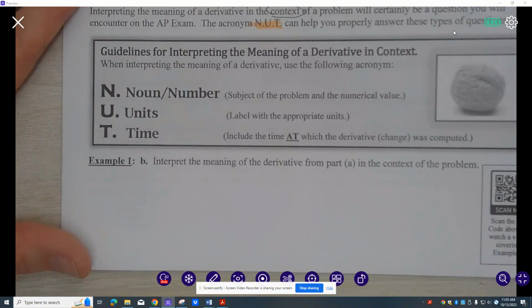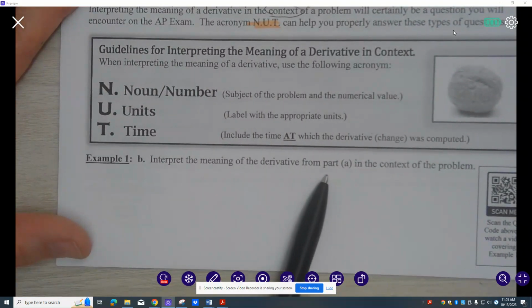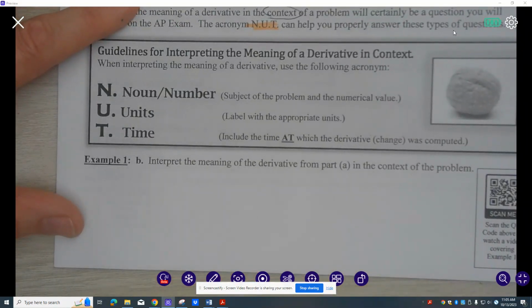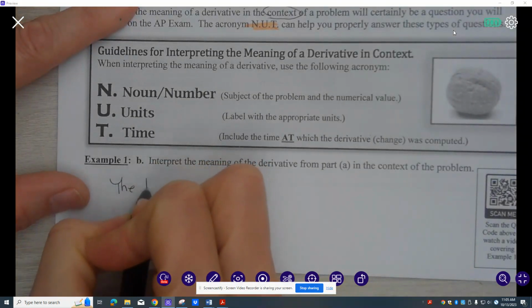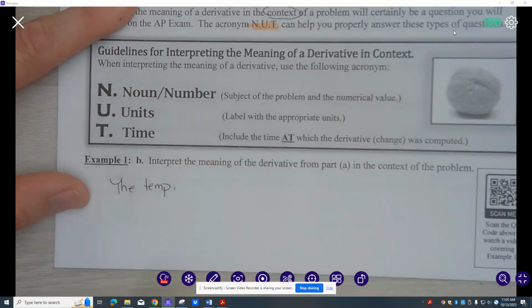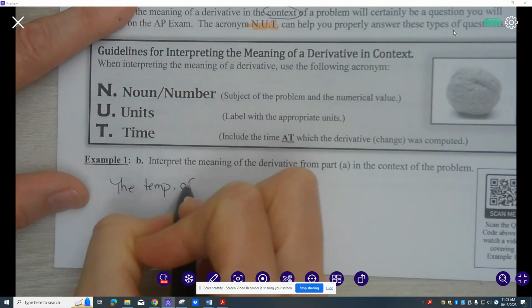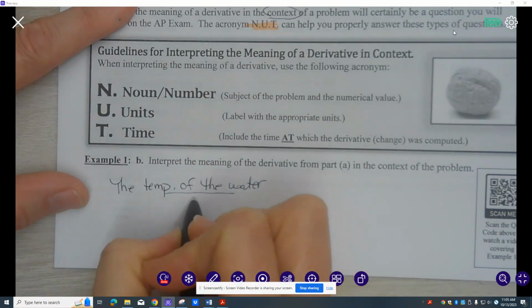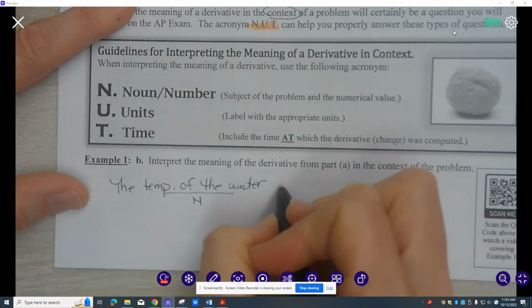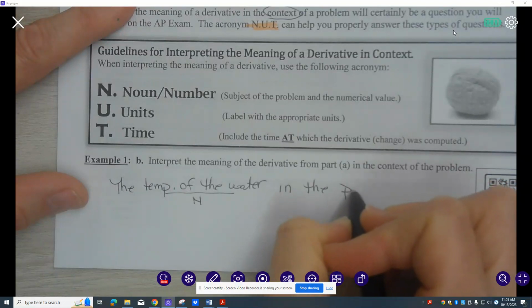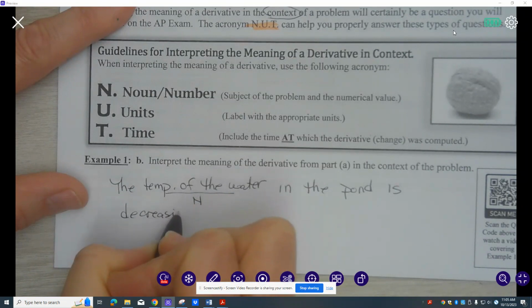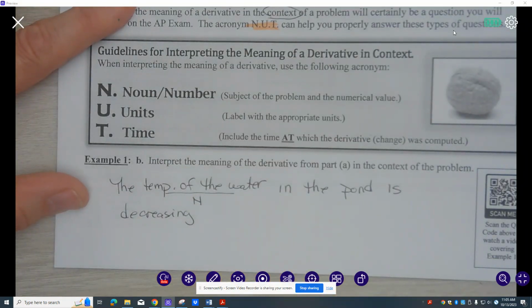So in example 1, we're interpreting the meaning of the derivative from part A in the context above. If I were interpreting this negative 1/2 degrees Celsius a day, I would say the temperature of the water. So there's my noun, right? That's my N. Temperature of the water in the pond is decreasing, because the slope or the approximate derivative was negative.